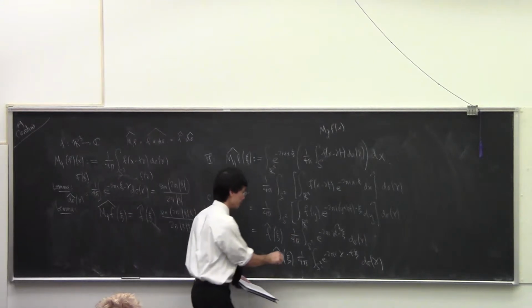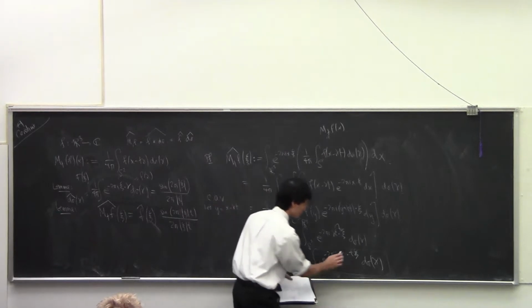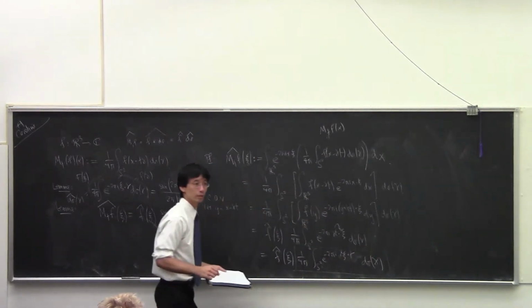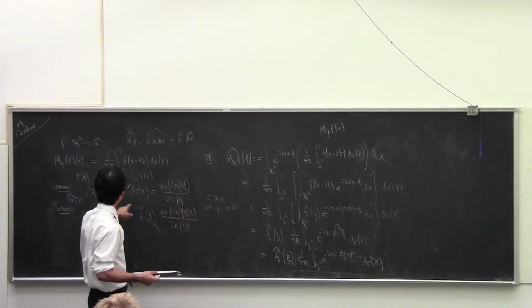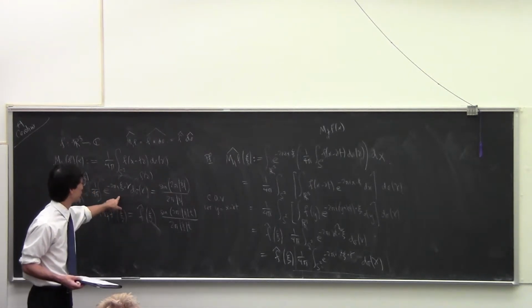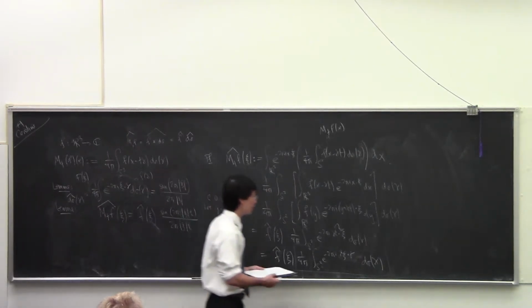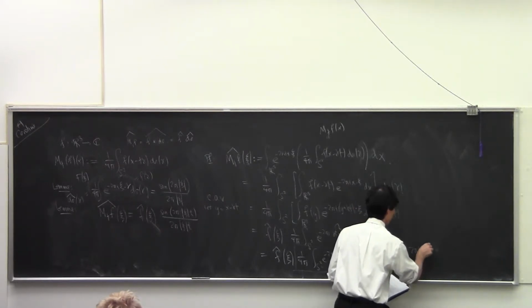But we recognize this. Maybe let me change the order. This is this, but evaluated at tc. And t is positive, so we get sine 2 pi over 2 pi c.